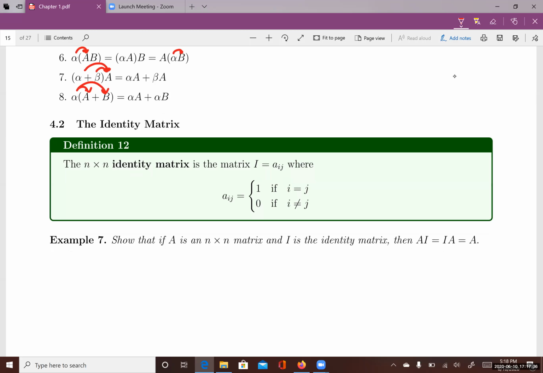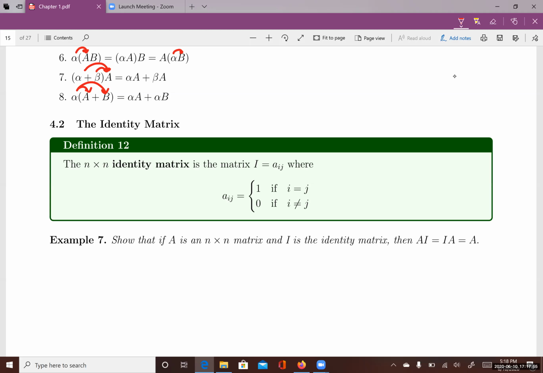And then we can talk about the identity matrix. An identity matrix is a square matrix, and it's called an identity matrix when all the diagonal entries are 1 and everywhere else is 0.